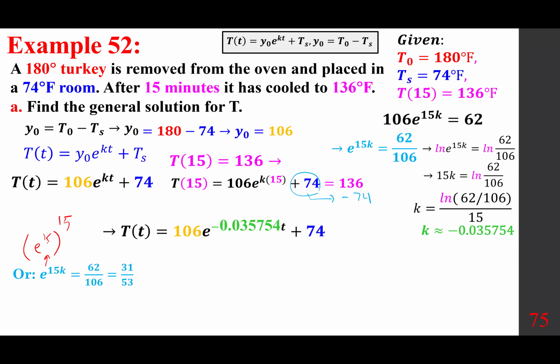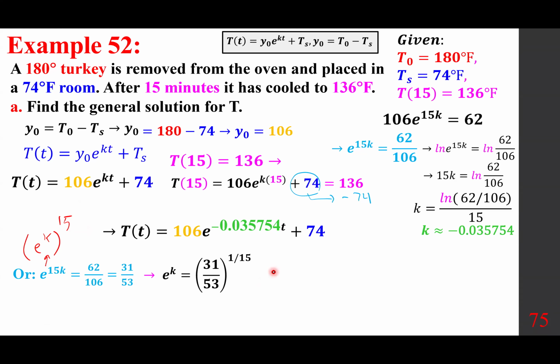So if you take the 15th root of both sides, that means raise them to the power of 1 over 15, you get e to the power of k on the left. So e to the power of k equals this one to the power of 1 over 15.